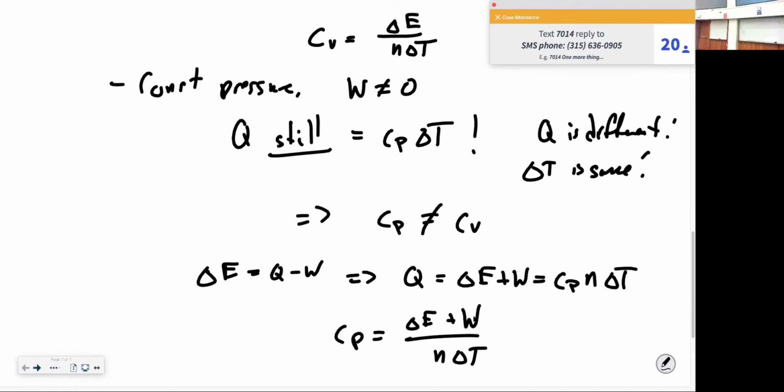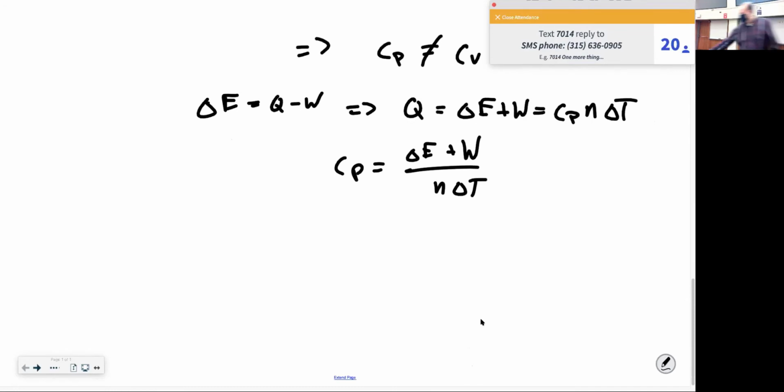That work is going to be positive, moving to the right on the PV diagram. And so this whole term must be bigger than this whole term because this is positive. So it must be, just by thinking about this, that Cp is greater than Cv.